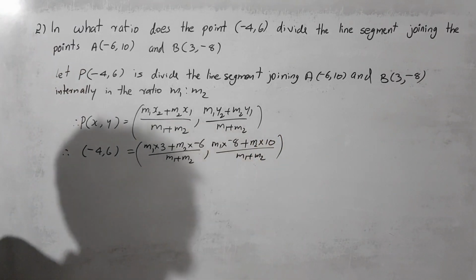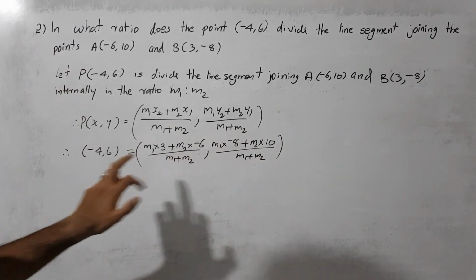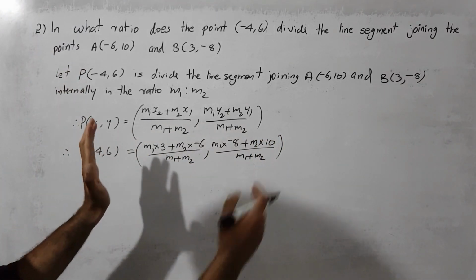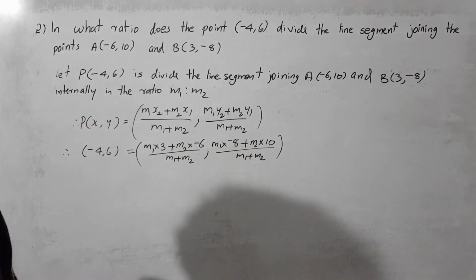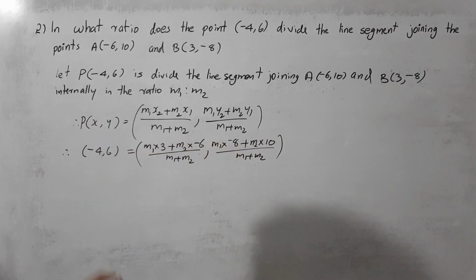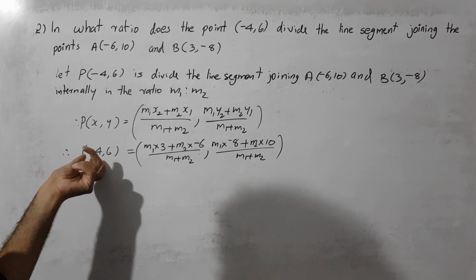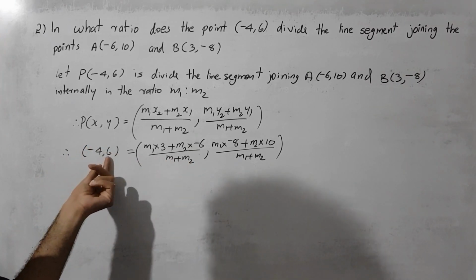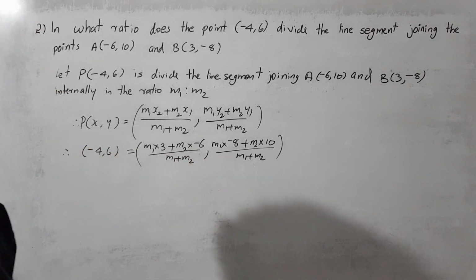Okay, that means these two coordinates are equal. (-4, 6) is equal to this coordinate, correct? This is possible only in the case where the x coordinate is equal to the x coordinate and the y coordinate is equal to the y coordinate.